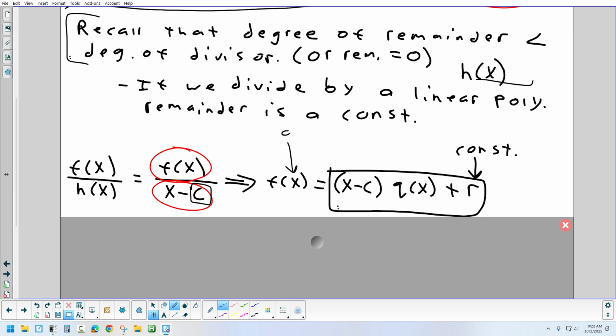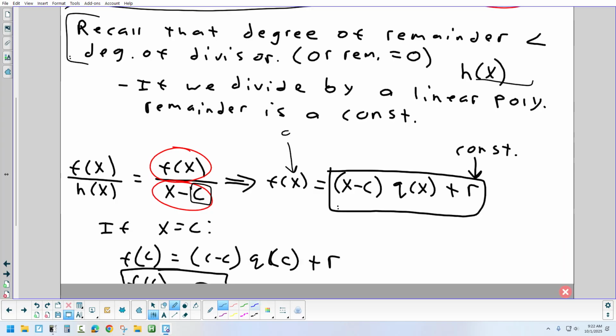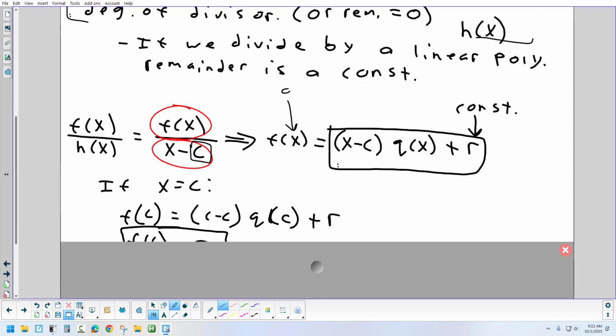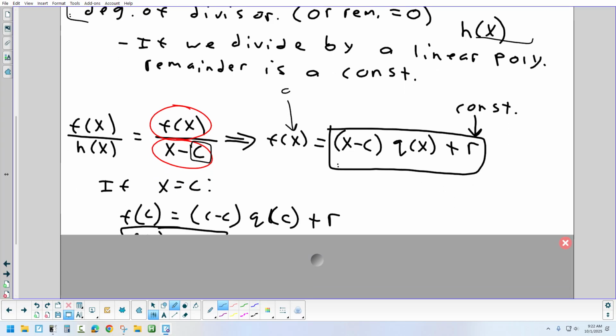R. And what does R stand for? Remainder. Yeah. If we plug in c for x, change all the x's to c's. F of c equals c minus c, q of c, plus r. This whole part disappears. And all you're left with inside that box is the r. What's the r? It's the remainder.